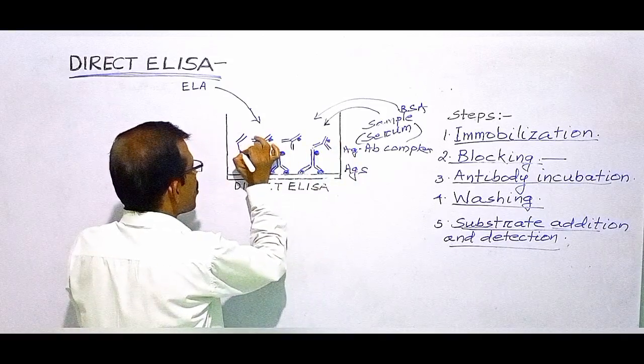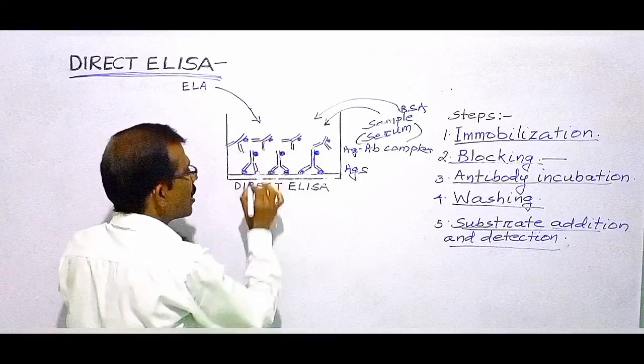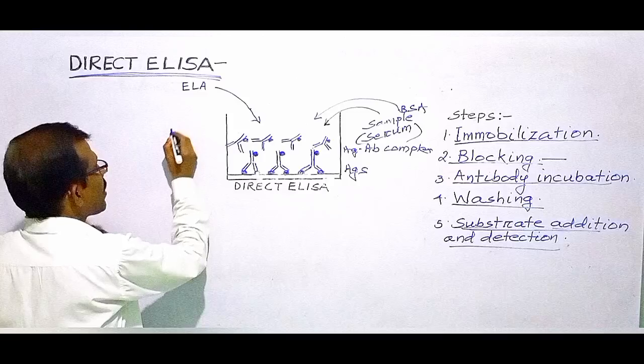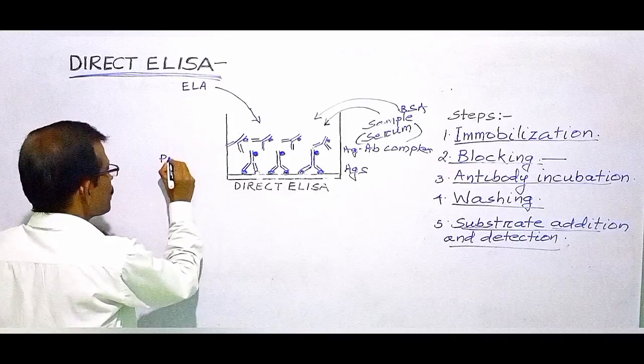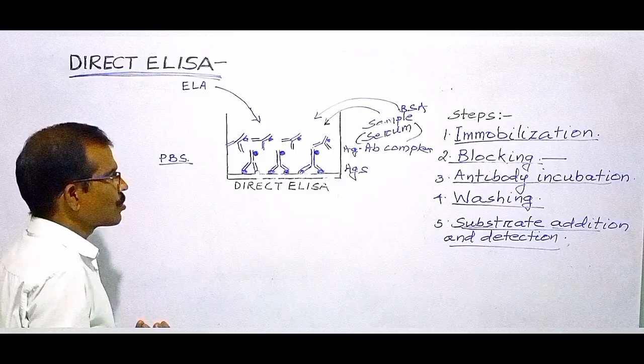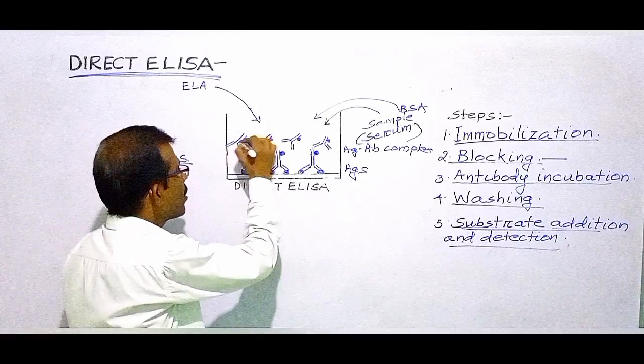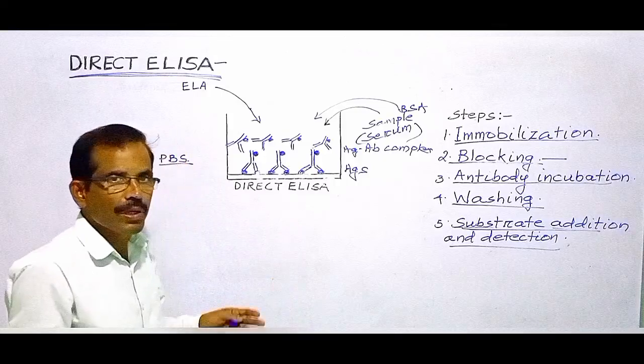Such free or unbound antibodies are then removed from the wells by washing the plate with phosphate buffer saline. Now the question is, what will happen if these unbound antibodies are not removed?